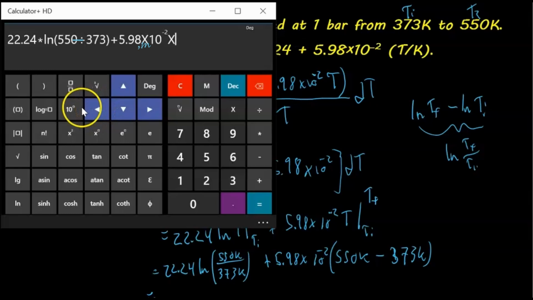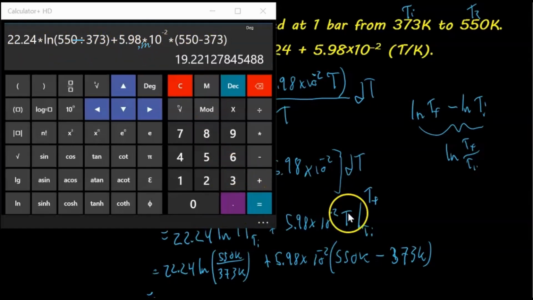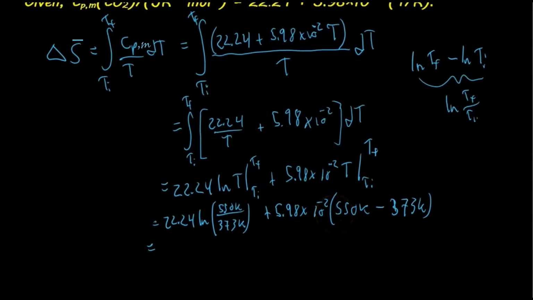And we'll multiply that by brackets, 550 minus 373, close brackets. I just want to check to make sure everything's okay. 22.24 ln 550 over 373. Okay, I think that looks good. 19.22, and our units are joules per mole Kelvin. So because it's per mole in here, then we can say that this is the molar change in entropy of the system here.